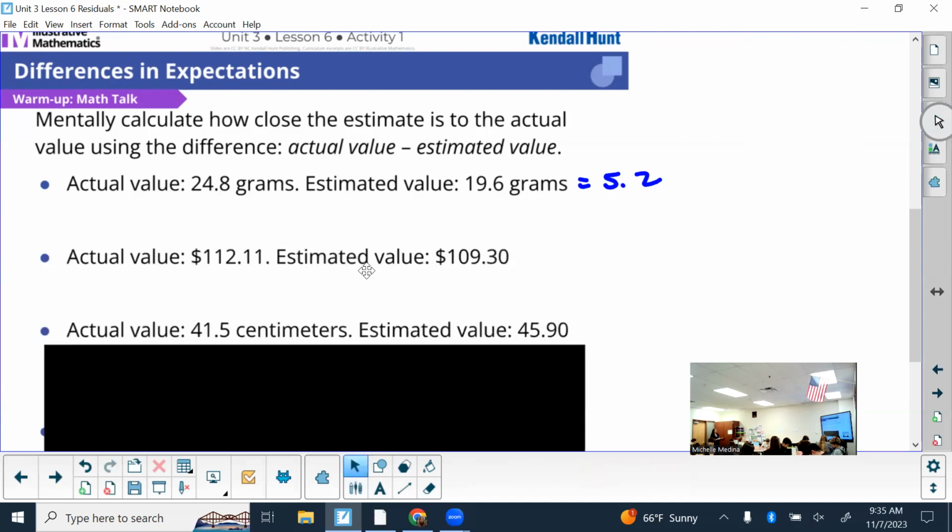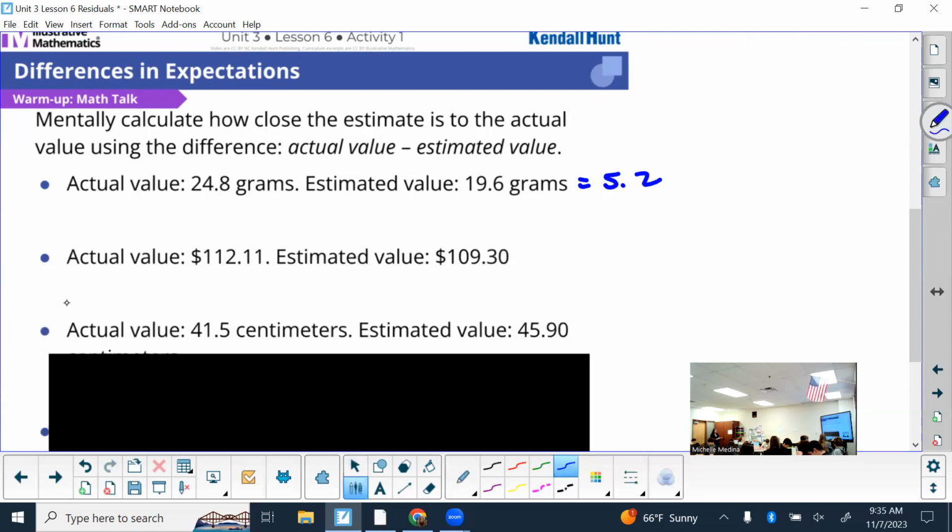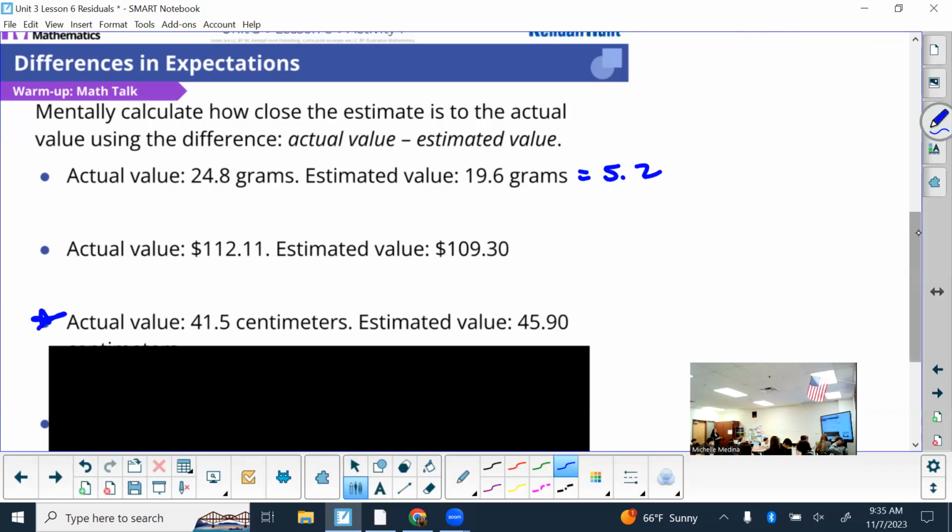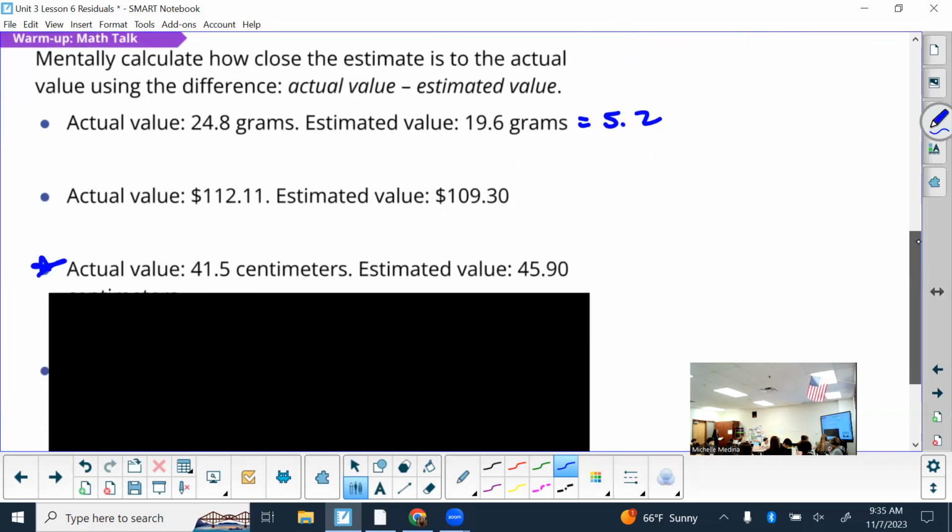Let's do one more. Let's do this one down here. We don't need to do all of them, but let's do the one that I started. So when the actual value is 41.5 and the estimated is 45.9, what's going to be my residual, the actual minus the estimated?